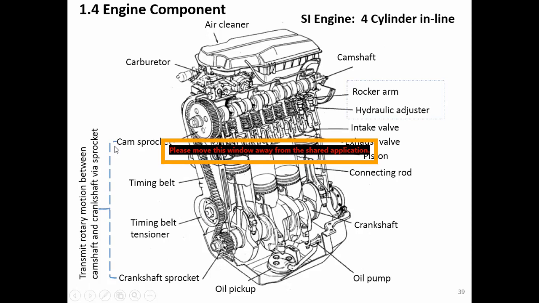Okay, it consists of what? The cam sprocket. We call it a cam sprocket here. Okay, it's a timing belt and the timing belt tensioner. This provides the tension to the timing belt, right? So the belt has to be under tension all the time in order to provide accurate timing. Okay, and then this is where the timing happens, the crankshaft sprocket here, right?